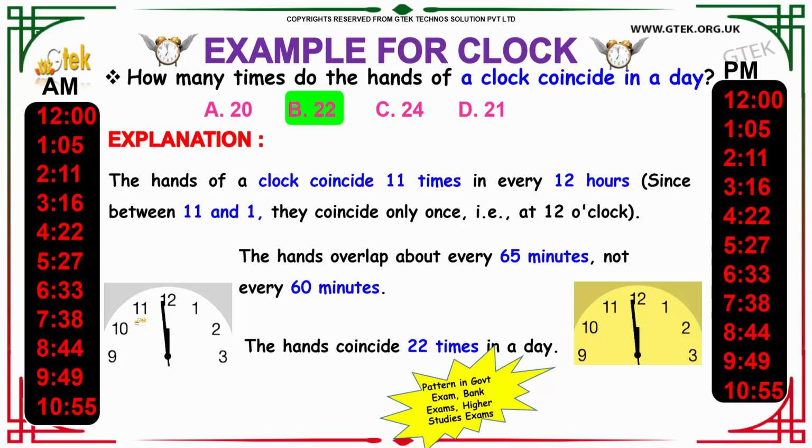If you see over here, between 11 and 1, the hands of the clock will coincide exactly at 12. Similarly, the hands of the clock will coincide 11 times in every 12 hours.